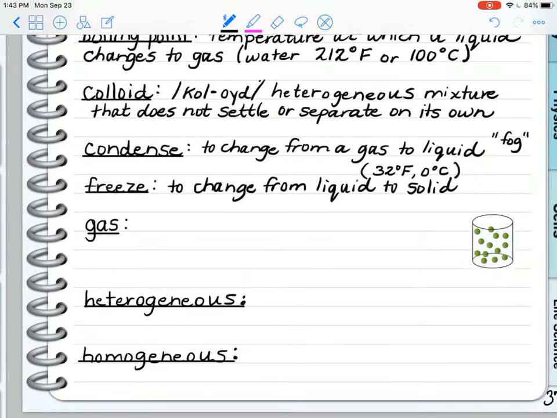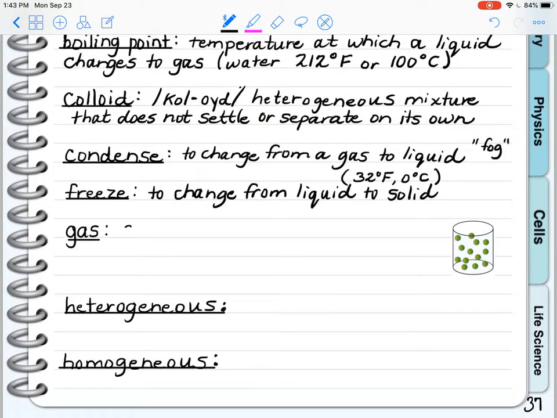Okay, a gas is the state of matter, and I need to check my definition on this one. I'm trying to use the definitions that are in your book, so we're not getting more than one. But bear with me just a second, because I think I have written mine down incorrectly.